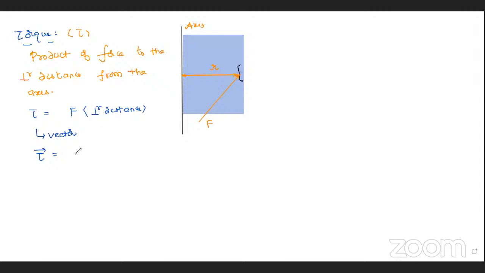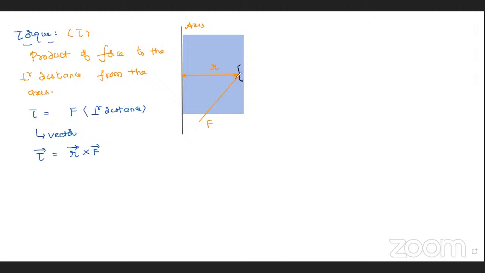So we have to take R bar, the position vector, cross force bar. Don't take F cross R. If you take the cross product in reverse, then you will get the negative sign. I think all of you know, not the dot product. Okay, it is the cross product. Dot product gives a scalar. Right, R cross F.